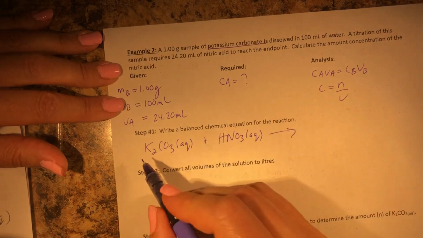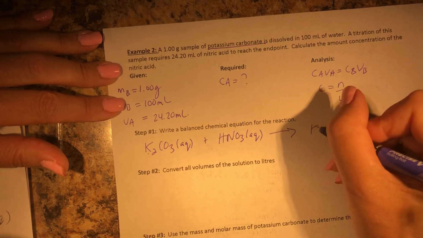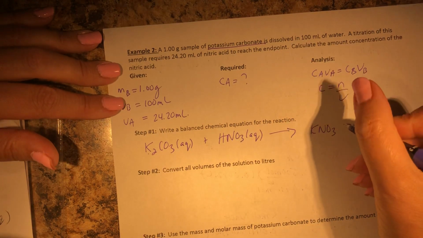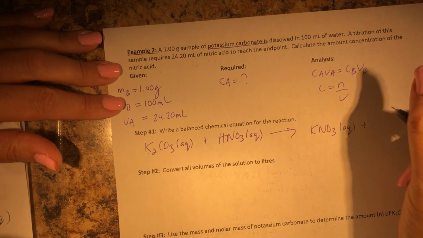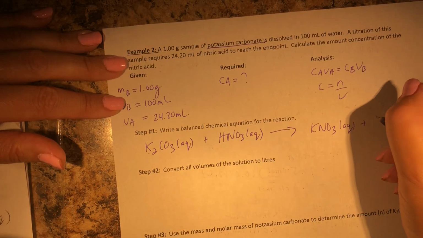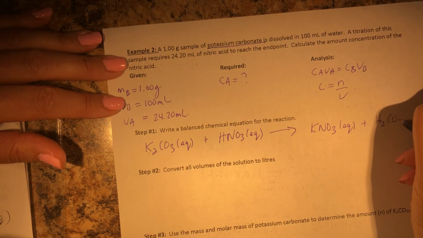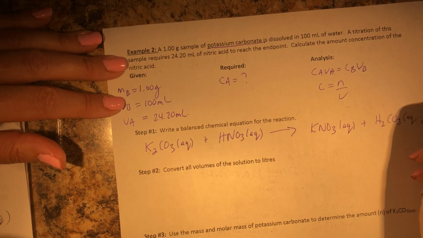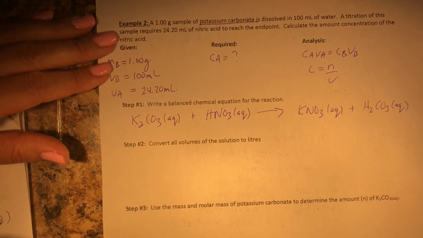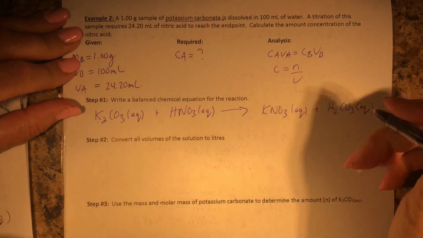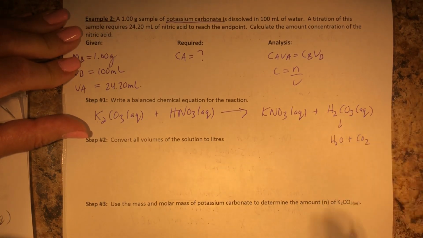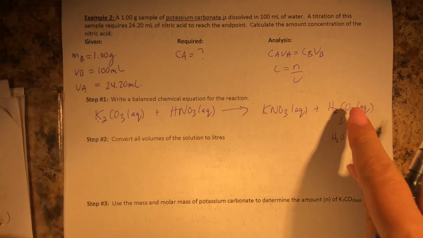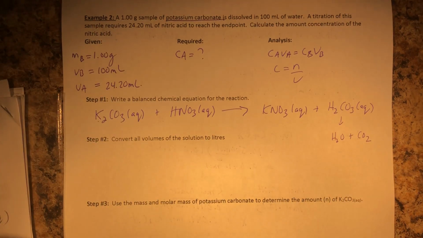We're going to produce potassium nitrate, as the potassium will pair up with the nitrate, and hydrogen carbonate. Now, how is that a neutralization, you're asking? Well, remember that hydrogen carbonates always decompose into water and carbon dioxide, right? So we're going to leave it in its full form, but that's how that happens.